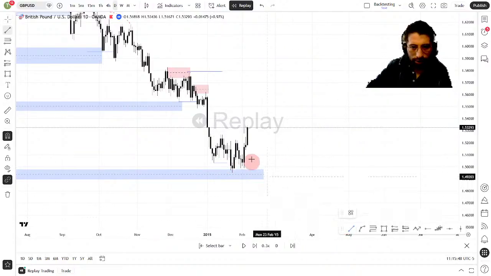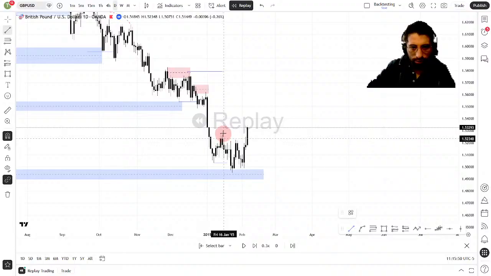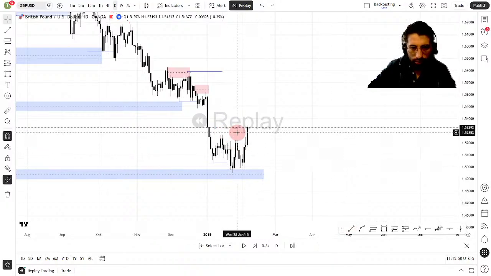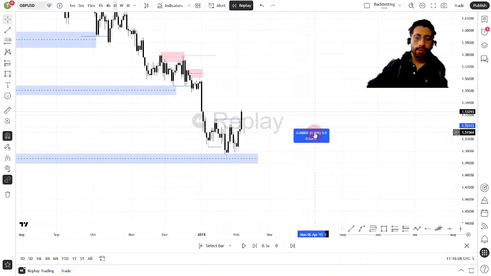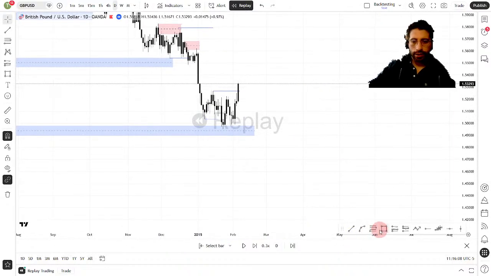Now liquidity has been taken here. Yeah, no, I like much more this one. Perfect. And now we're gonna spot here a continuation pattern. Not continuation. This will be a reversal pattern.